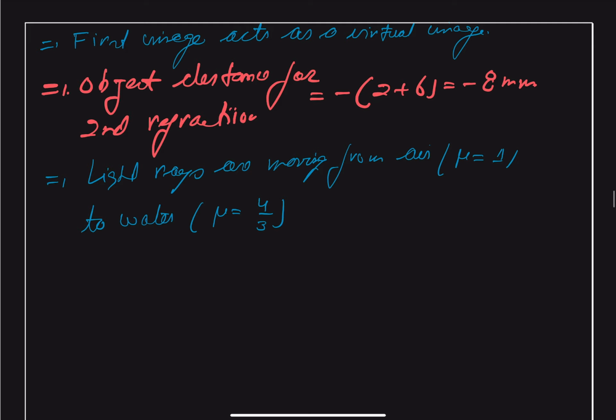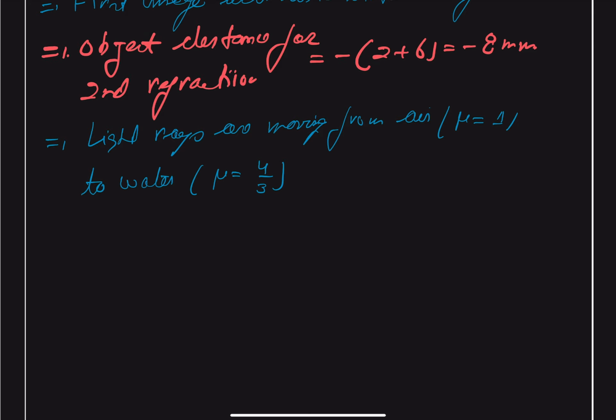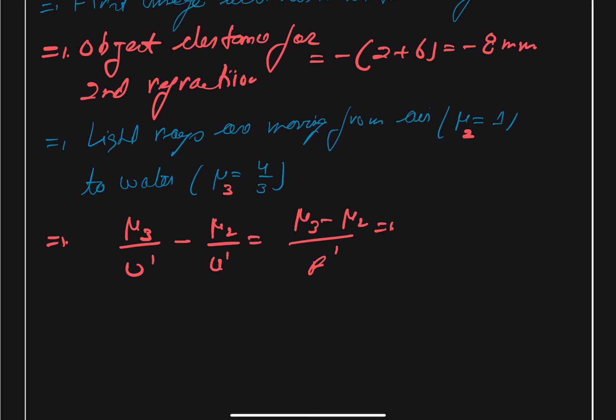So we can use the same formula. We can write μ3 upon v prime minus μ2 upon u prime is equal to (μ3 minus μ2) divided by R prime. μ2 is our 1 and μ3 is our water.